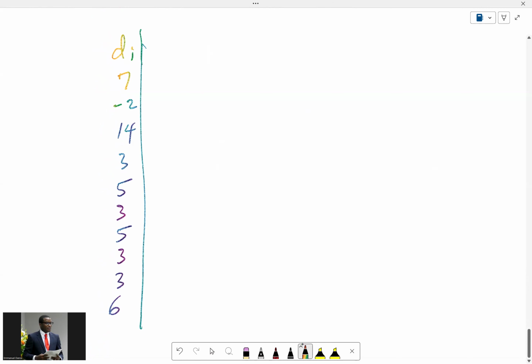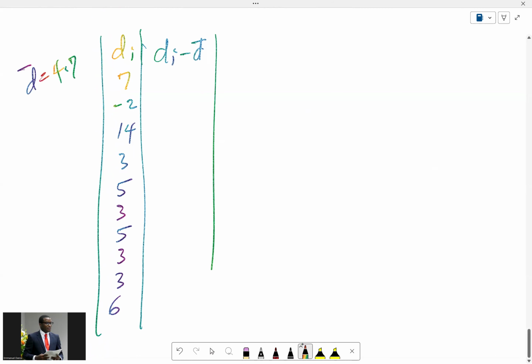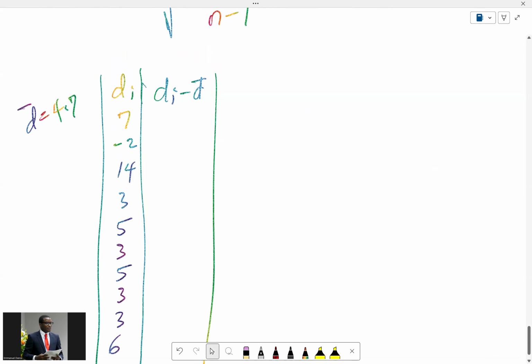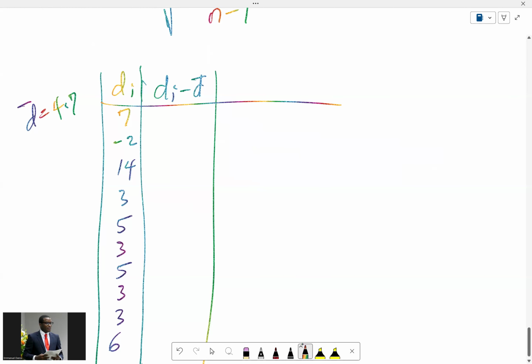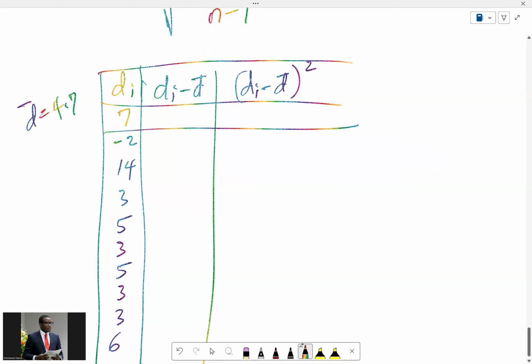Then we have di minus d bar. Don't forget d bar is 4.7. Okay, let me go through all the pain here. We also need di minus d bar all squared. So let's do it step by step. This is standard practice. I think I want to commit a bit of time to this.